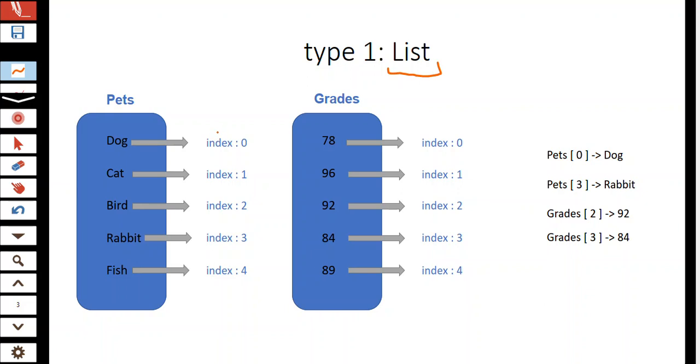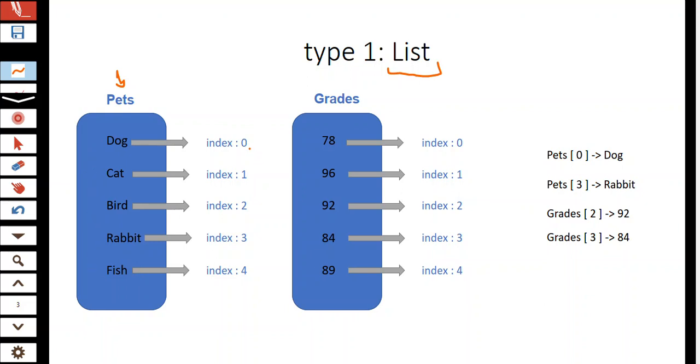Let's remember the name index. So each item has an ID called the index. And here we have two simple lists. The first list is called pets and contains the items or the values dog, cat, bird, rabbit, and fish.